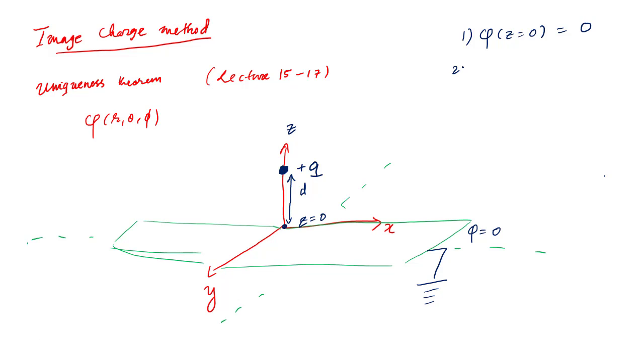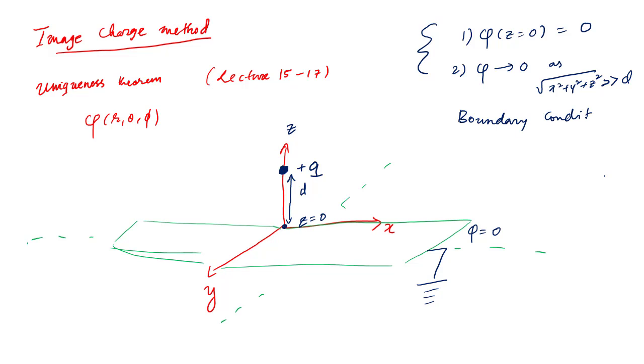And the second boundary condition is obviously phi should go to 0 as r, in this case square root of x squared plus y squared plus z squared, is much greater than d, right? So if you are far away from the charge, the potential should go down to 0. So these two would be our boundary conditions for the problem.